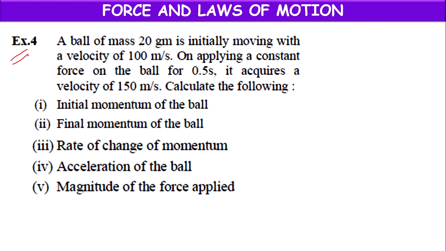Next one, example 4. A ball of mass 20 grams. Here gram is not an SI unit, so we have to change it into kg. It is initially moving with a velocity of 100 meters per second.